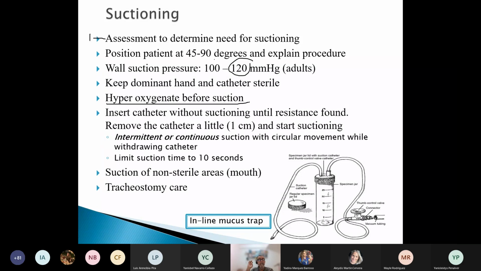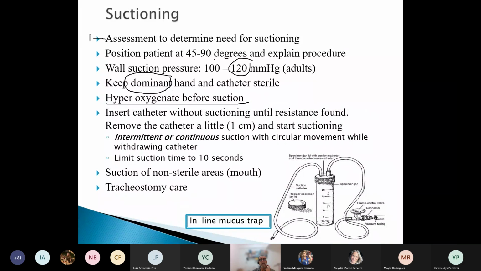The nurse will have two conditions for hands. One hand is sterile and the other hand is clean. The hand that is sterile should be the dominant hand.